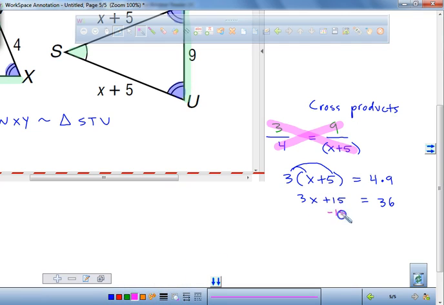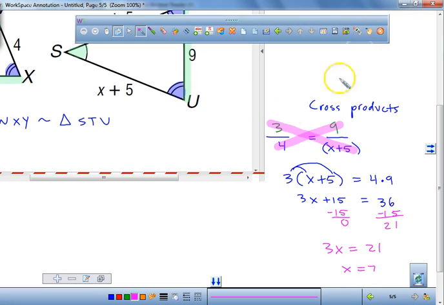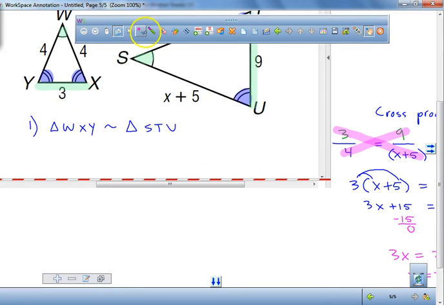Then we will take away 15 from both sides. So we have 3x equals 21. We're not done. That's one of the things we need to find. So x equals 7. One of the things we had to find was x, right? x equals 7.